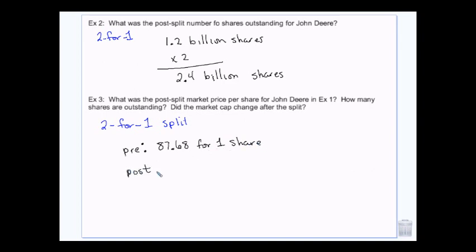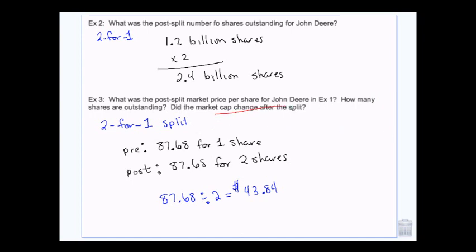After the split, that 1 share has become 2 shares, but it's still worth 87.68. So I'm going to take that 87.68 and divide it by 2 to get my post-split price, and that's 43.84.